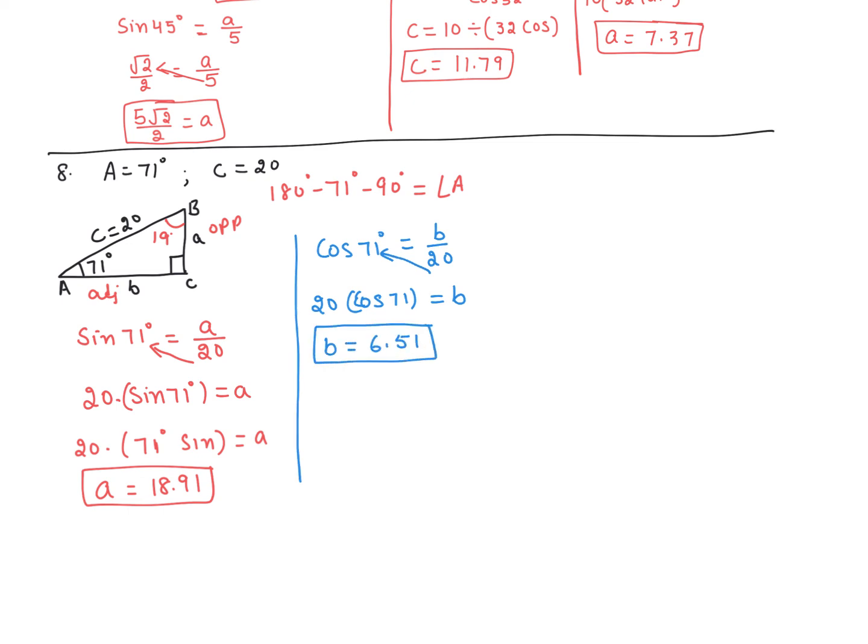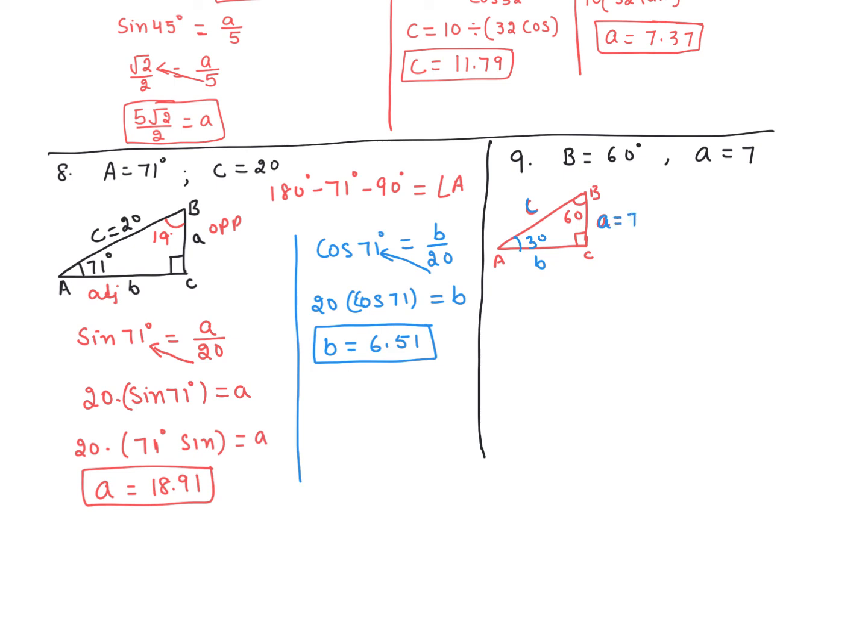6.51. So for number 9, if the angle is given as 60, this means that the A has to be 30 degree. So it becomes a 30, 60, 90 triangle. When A is given as 7, it looks like the adjacent is given as 7.